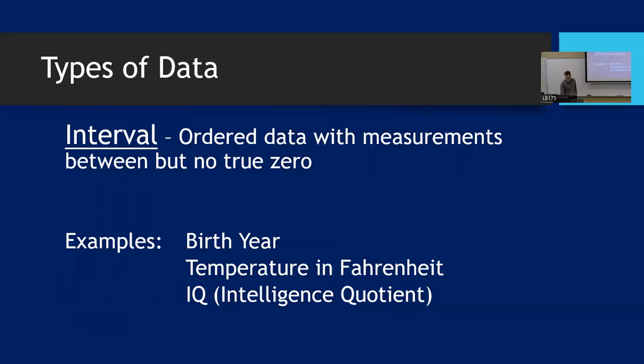That's not as important, but it's ordered. We can measure between, so I can say at 10:45 today, it was 3 degrees hotter than 10:45 2 days ago, right? So I can measure between two different points in time, temperature, but no true zero.